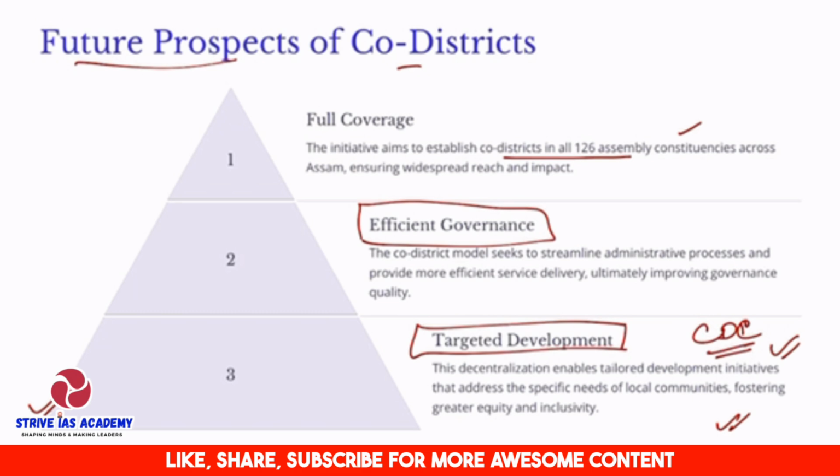So in that sense, this co-district model will be very good for the citizen, and it will improve citizen-centric governance. Also, you can link it to the good governance model.